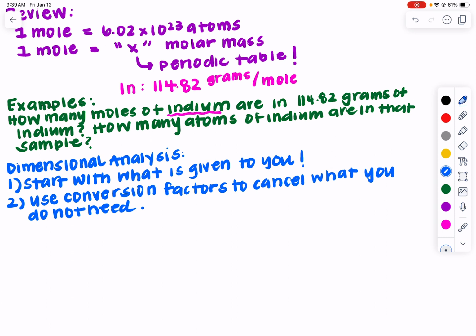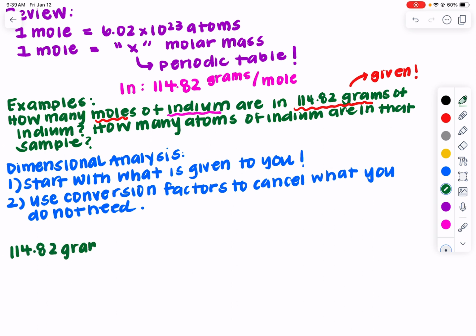So the question is asking how many moles are in 114.82 grams. This is what's given to us. So we want to start by writing 114.82 grams.